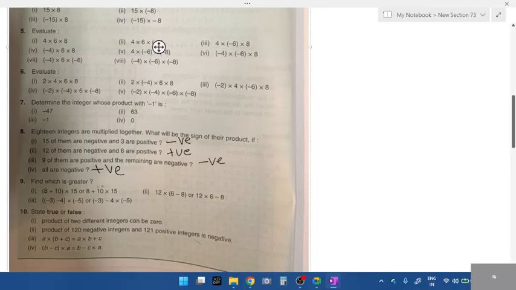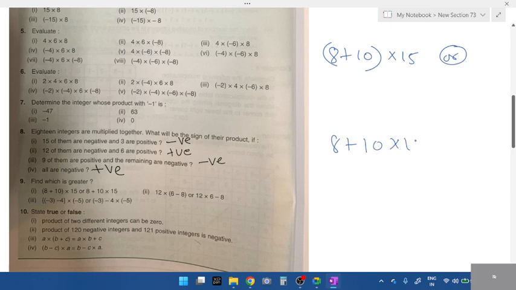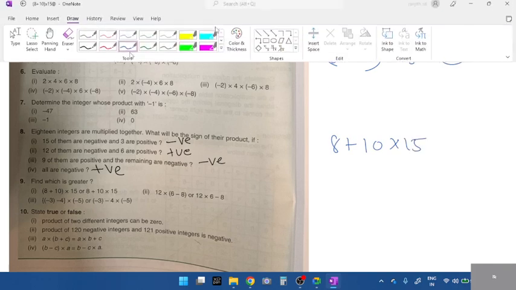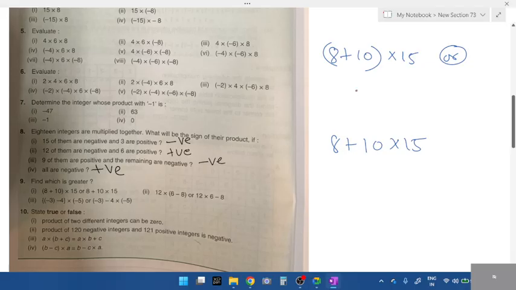Now based on that, we'll solve which is greater. Look, they have given two questions: 8 plus 10 multiplied by 15, or second question 8 plus 10 into 15. Use BODMAS. According to BODMAS, first, always bracket. Is there a bracket here? First solve that bracket value.